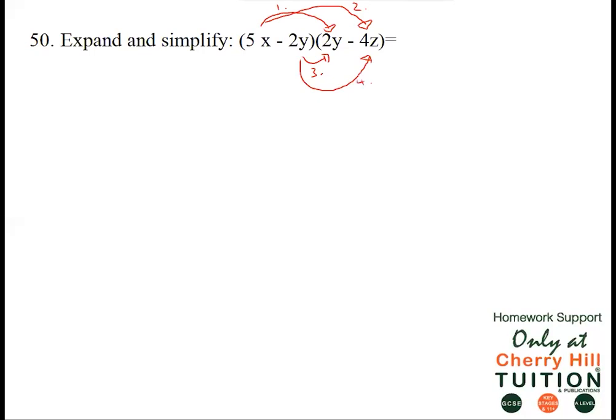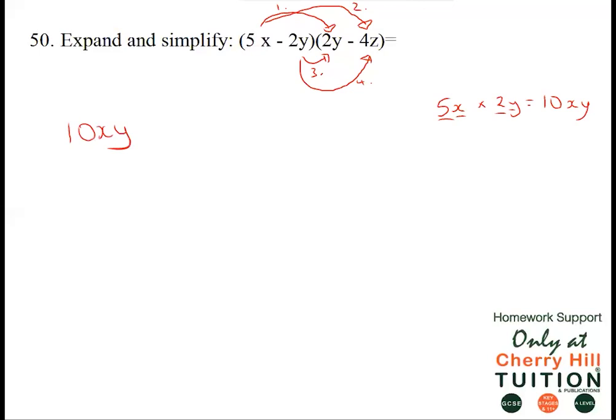So let's get on with this. The first step is 5x multiplied by 2y. So always start with the numbers. We have 5 and 2, which give us 10, and then we have an x and a y. So this gives us 10xy.